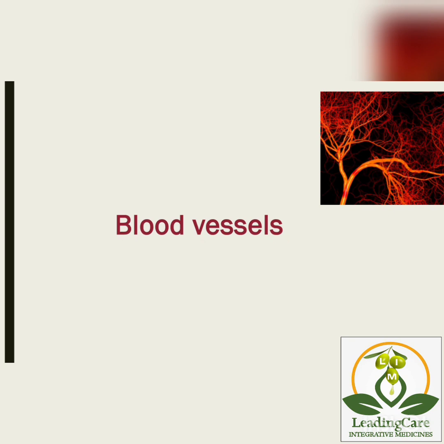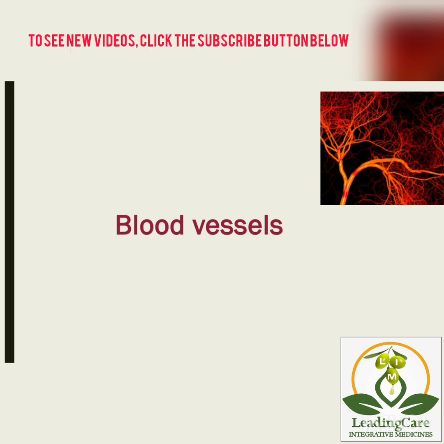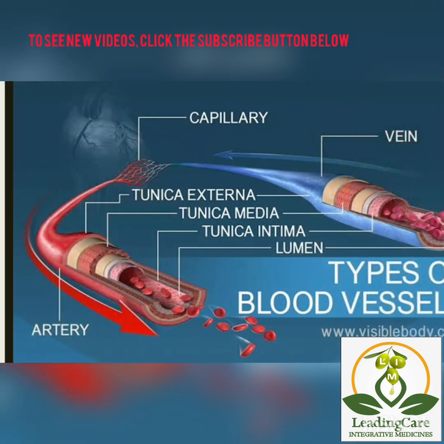A vessel is a container. Blood vessels are the containers where we find the blood in our body. As you can see, there is the artery, the vein, and the capillary.